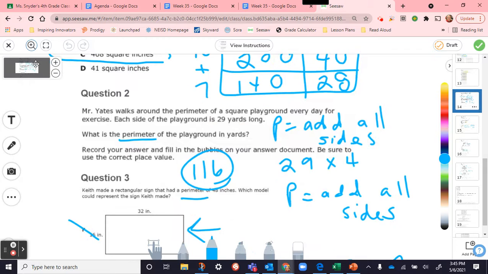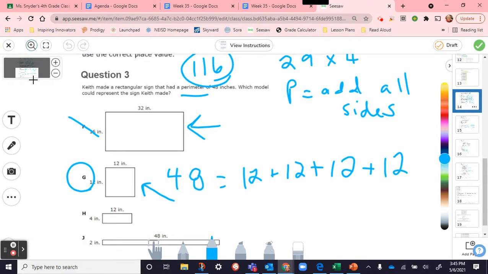All right, so I'm on page 14, question 3. It says Keith made a rectangular sign that had a perimeter of 48 inches. Which model could it represent? Here you've got these different rectangles, and it already told you the perimeter. So instead of writing P equals and then all the sides, you just put the 48.